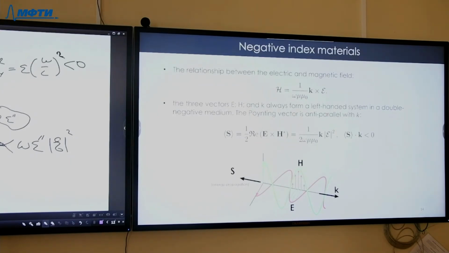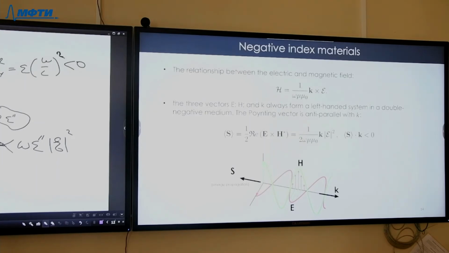And notice that mu in the denominator of this expression is now negative. And the three vectors in the set E, H, and K now form not a right-handed but a left-handed vector triplet, in contrast to a positive epsilon mu medium. Simply because the sign of mu is negative and k is a real valued vector.